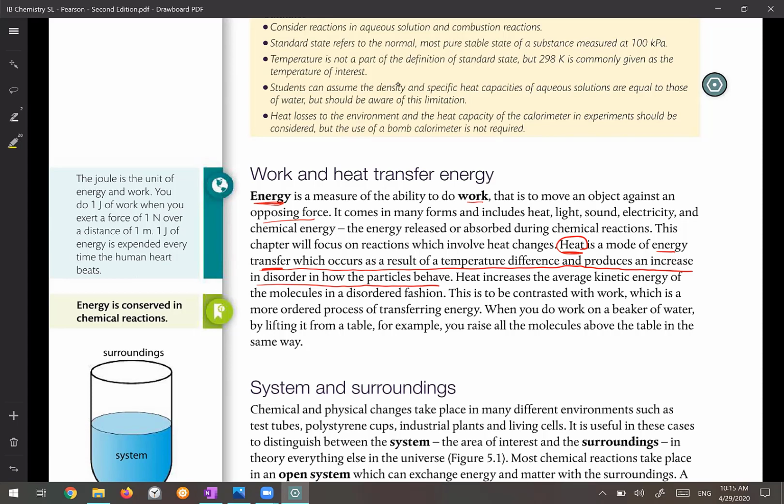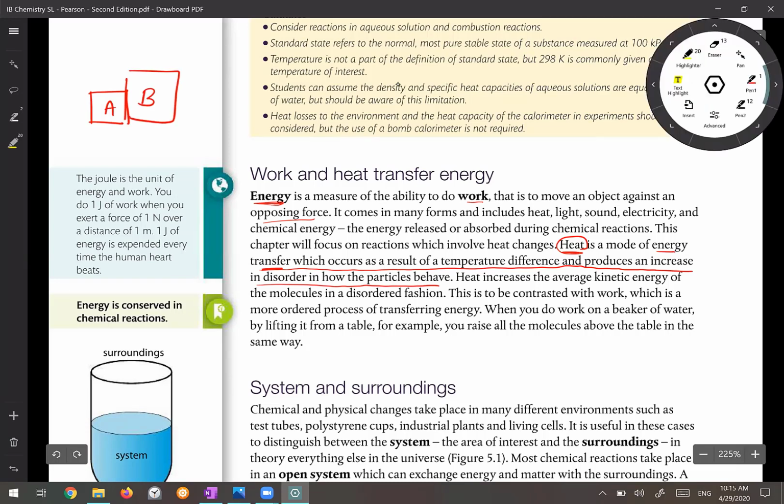So how does this transfer of energy happen between two objects? Suppose you have object A and object B, and they are joined to each other, or they are in contact with each other. How does thermal energy go from A to B? This energy transfer can happen if you have a temperature difference.